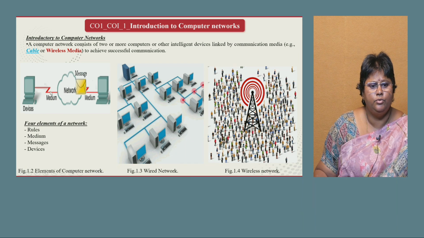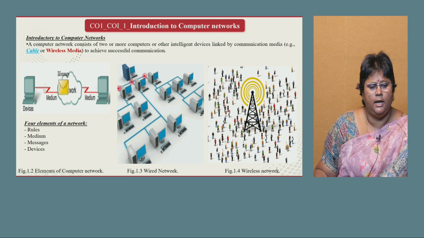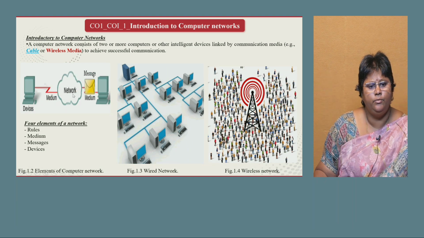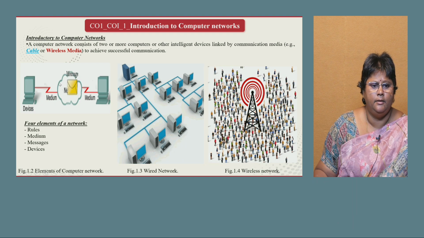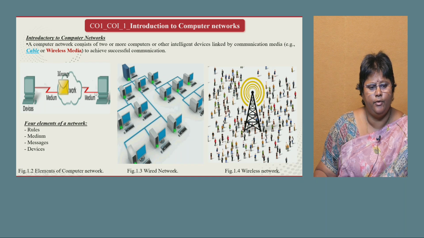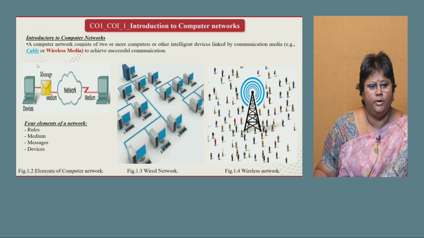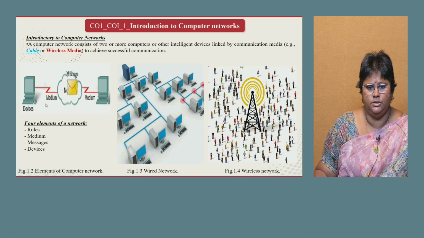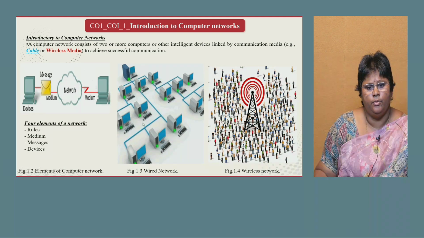The medium through which we communicate, whether wired or wireless, is called the medium. The message is the information we want to give from one device to another, and the devices are those that are going to communicate with each other. We have two types of networks here: a wired network and a wireless network.